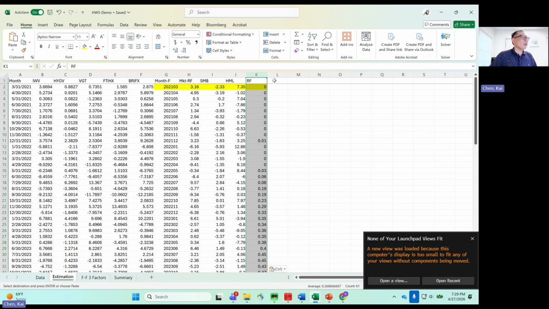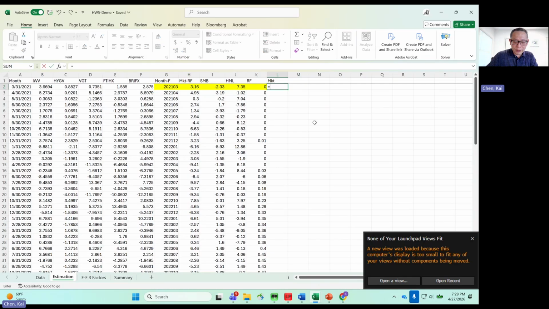So I'm going to calculate the return on the market portfolio here. That should be this one plus the risk-free rate, this one, right?